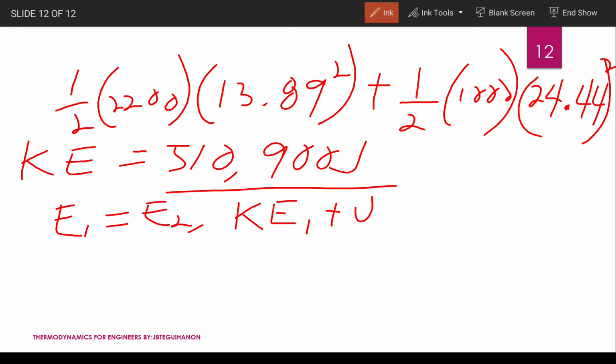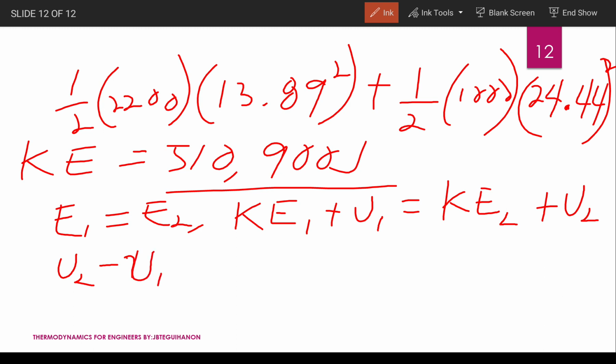Kinetic energy 1 plus internal energy 1 is equal to kinetic energy 2 plus internal energy 2. Therefore, what we have is energy 2 minus energy 1, which is equal to kinetic energy 1 minus kinetic energy 2.